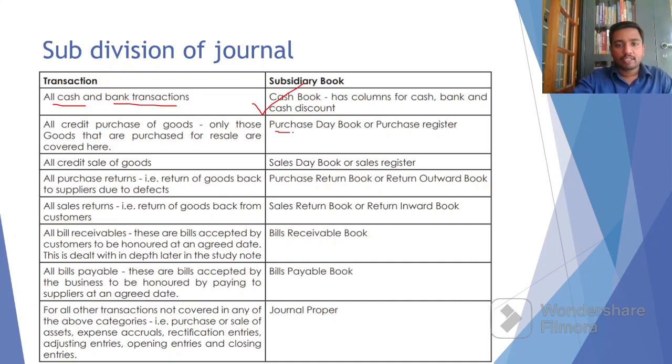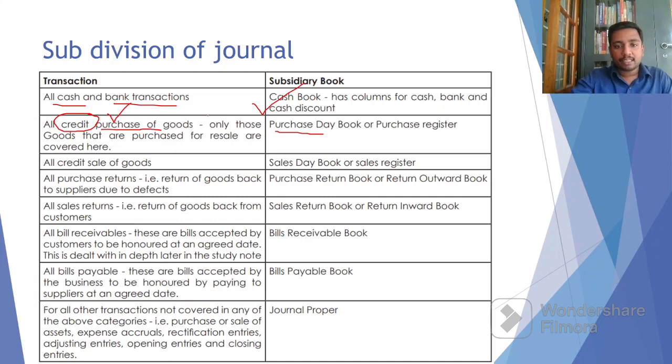After the cash book, the next one is known as the purchases book or the purchase register. Here we record all purchases of goods made on credit. That is the speciality. If it is a cash purchase, that will be recorded in the cash book. But if it is a credit purchase, it is recorded in our purchases book or the purchases journal.